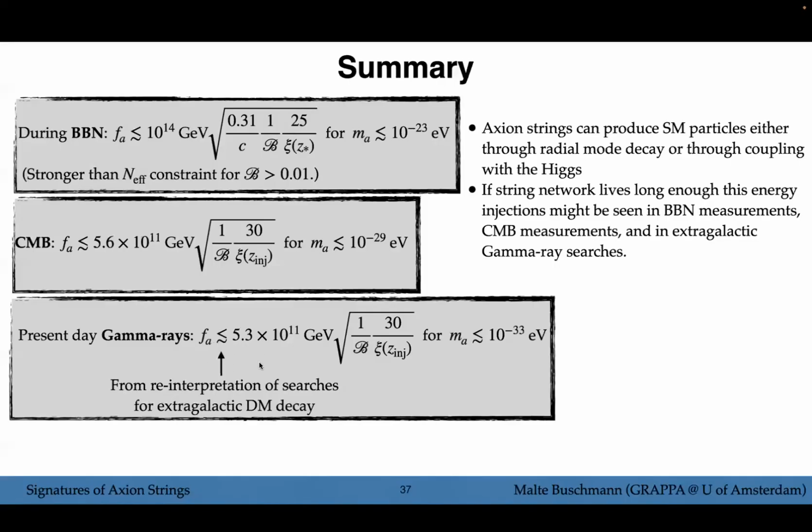In this talk you mentioned the emission of radiation modes and also axion modes, but there's direct emission of the photon. So you think this is already taken into account in the gamma ray constraint, right? Yes, if I understand your question correctly, the answer is yes, it is taken into account here.